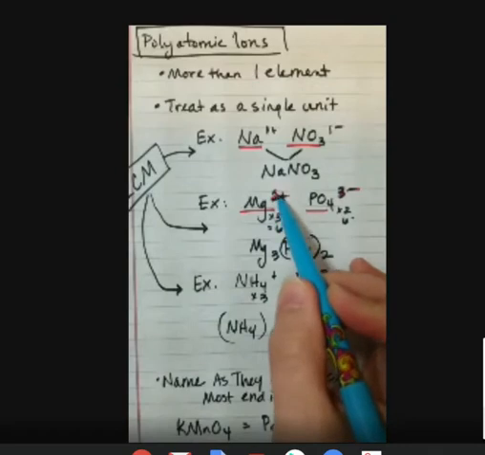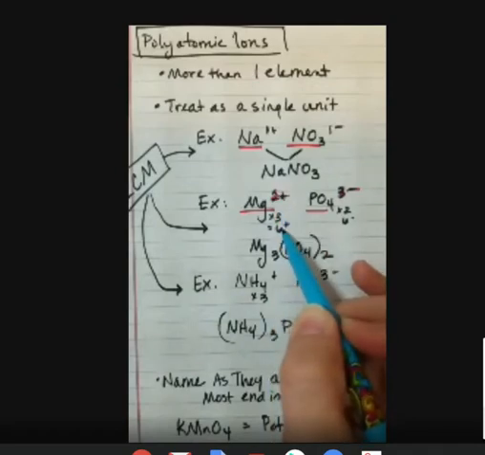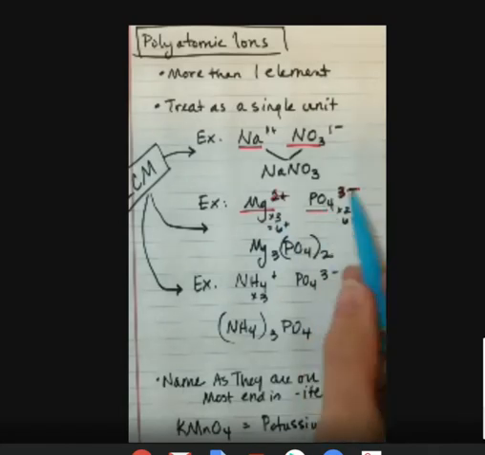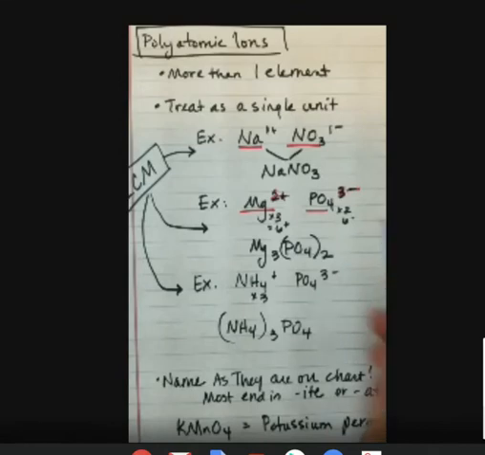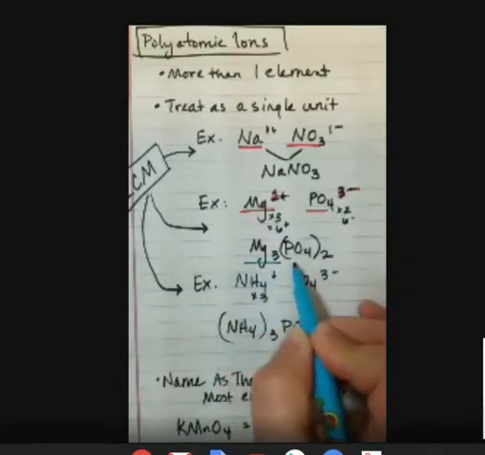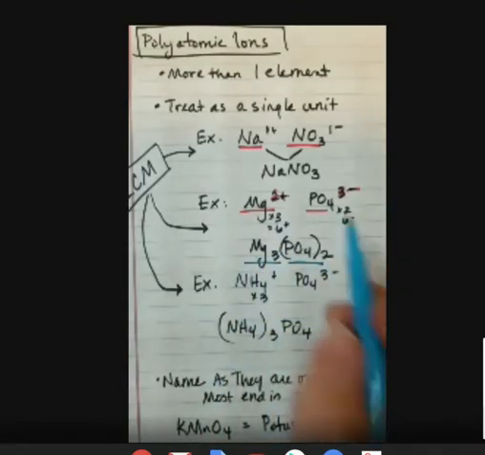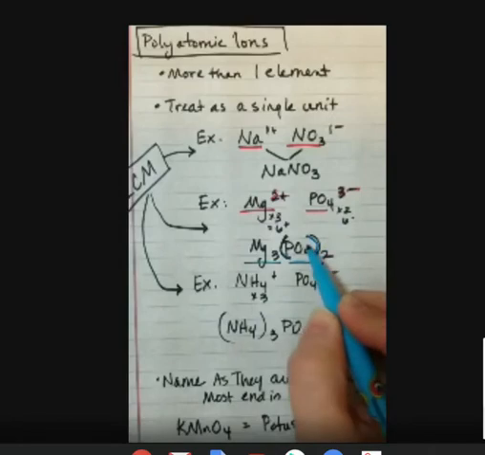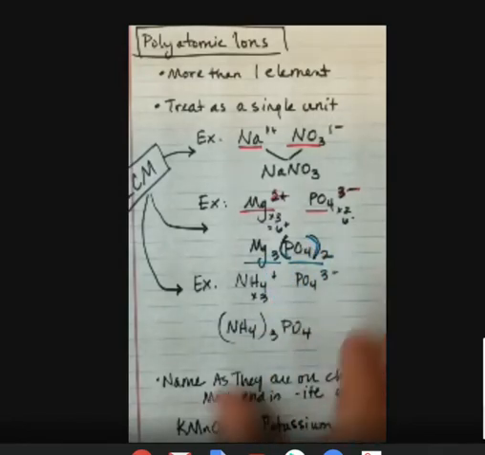How many magnesiums do I need to get to 6 positive? I need 3. How many phosphates do I need to get to 6 negative? I need 2. So the formula becomes Mg3(PO4)2. Notice I put PO4 in parentheses to show that I need 2 of that whole group. Now I have 6 negatives and 6 positives.